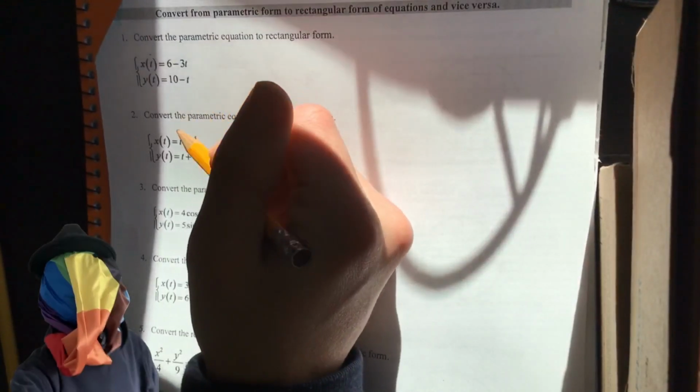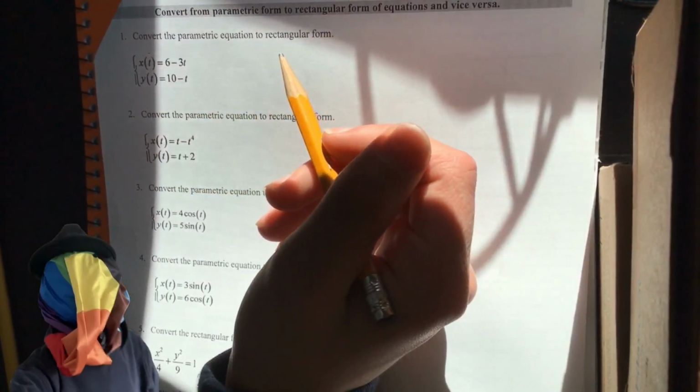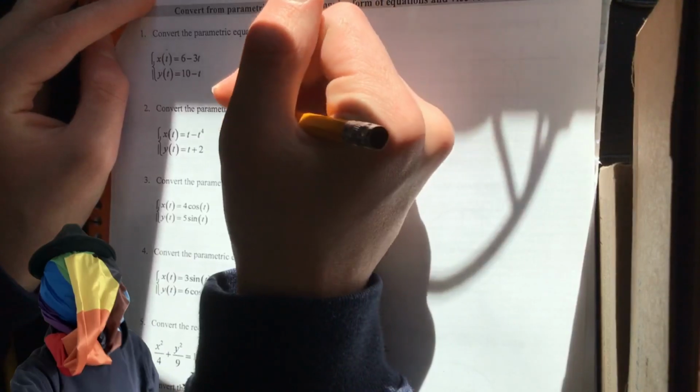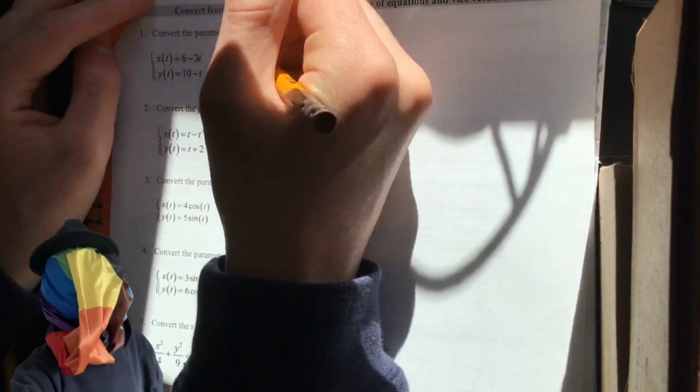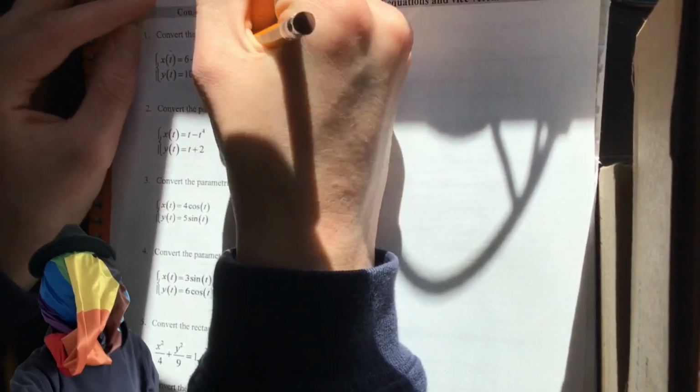Rectangular form? Is that what they call it? I did not know they call it rectangular form. So we just solve for t, just like they want us to. So let's solve for x.